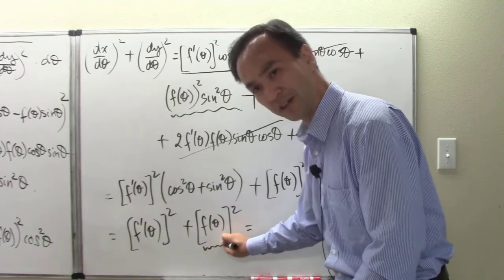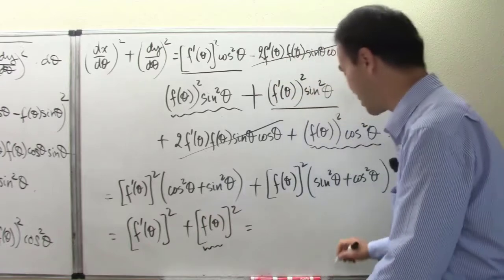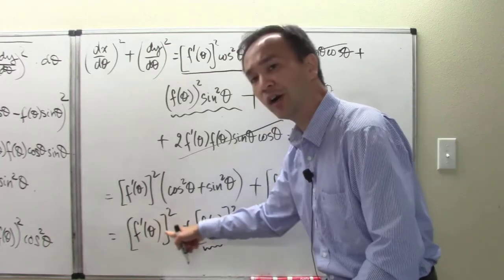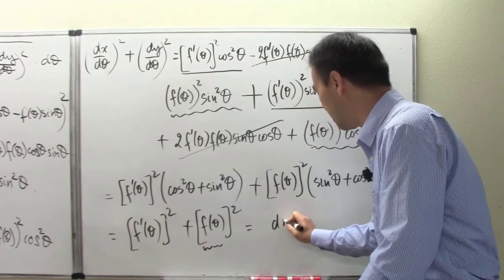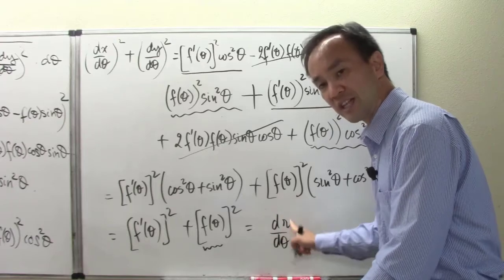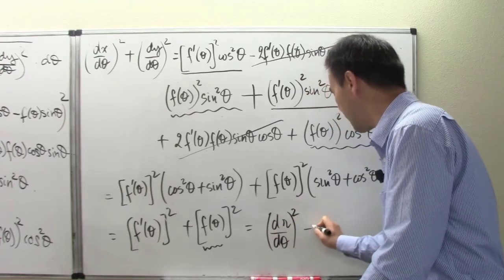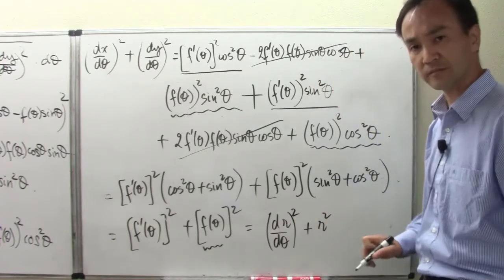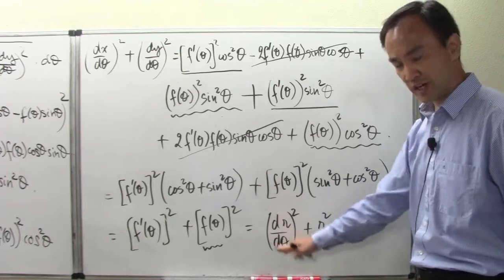This is r, the radius expressed as a function of theta, and this is now dr d theta. That's how I see it. So really this is dr d theta, the derivative of radius as a function of theta, dr d theta squared plus r squared. So it came down to a shockingly reduced expression right here.